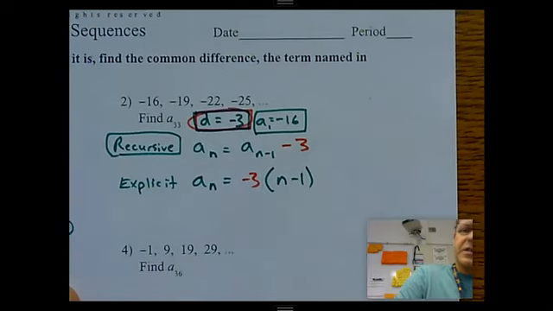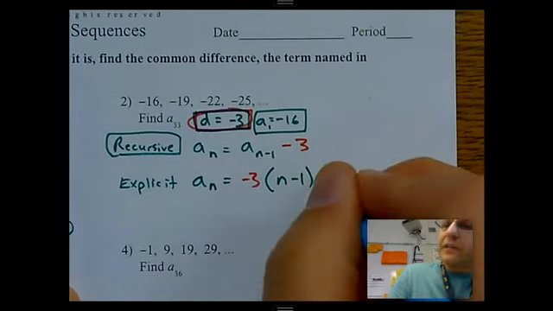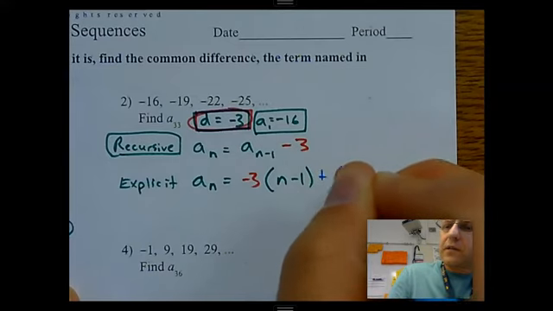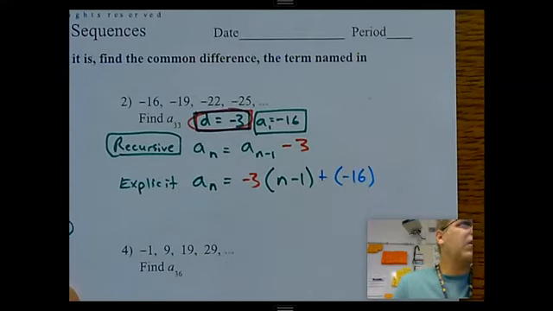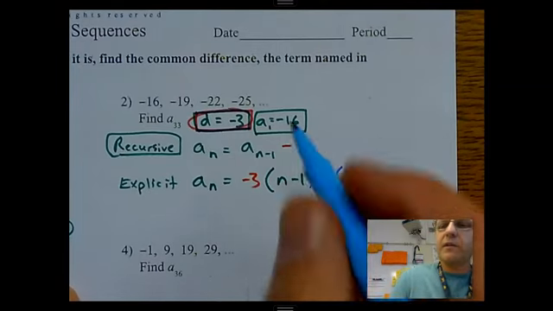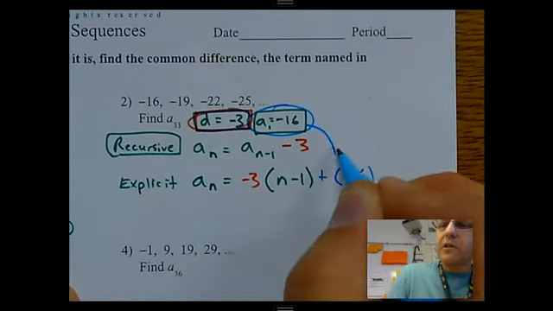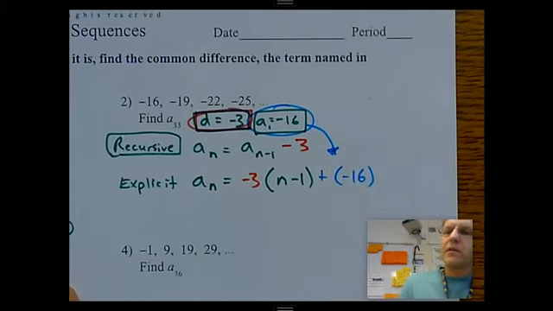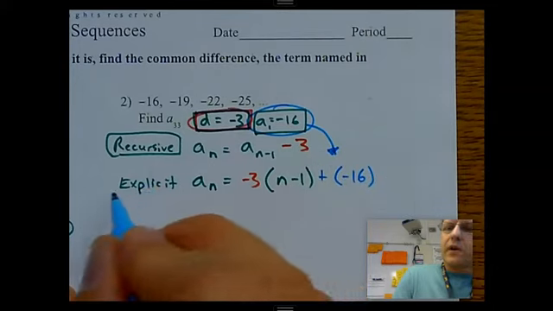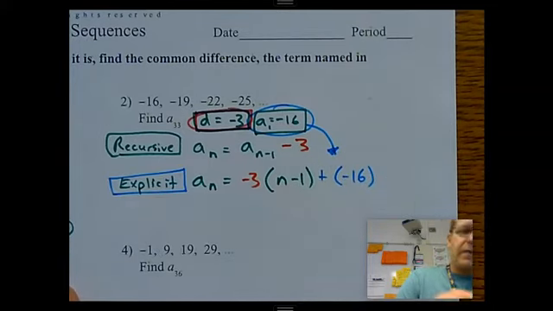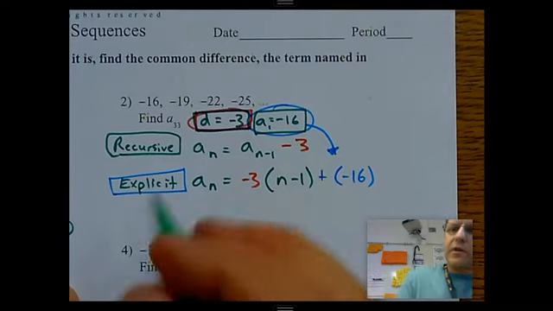That part always is there. And then plus your first term. Or you could have put minus 16. I just put plus a negative 16. I don't mean to confuse you, but this part just goes right down there. Cool? All right.